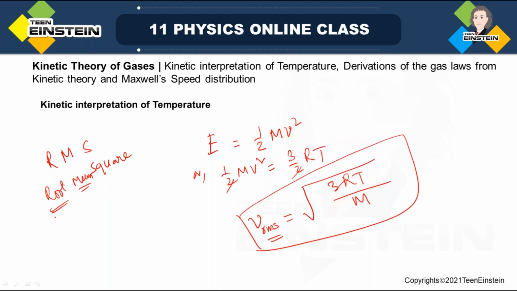By RMS, root mean square is meant. Root mean square velocity is the square root of 3 RT by M, where M is the molecular mass.